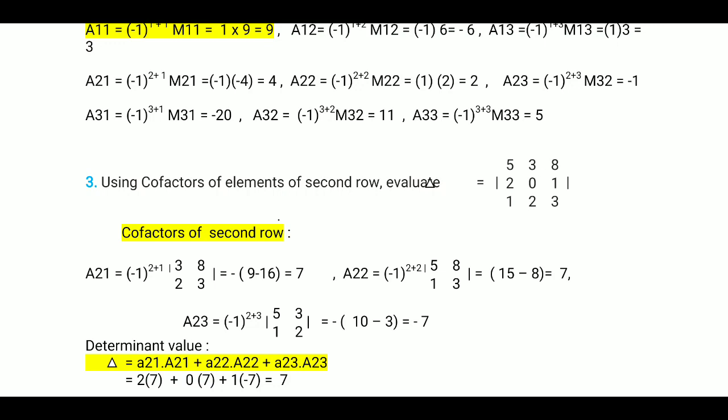Leaving the second row and second column, the determinant is 5, 8, 1, 3. Minus 1 power 4 is an even power of minus 1, so it gives plus. So 15 minus 8 is equal to 7.